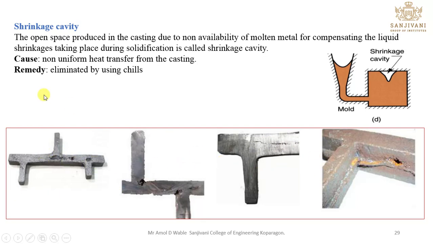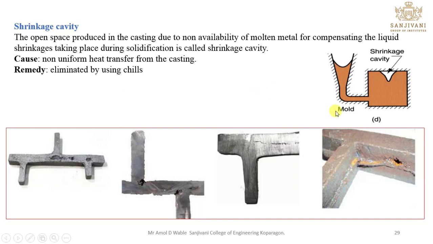So what remedy can you take? The cause is non-uniform heat transfer from the casting. If you are not giving good directional solidification to this shrink cavity, this kind of shrinkage defect will be observed. So now how to eliminate this?